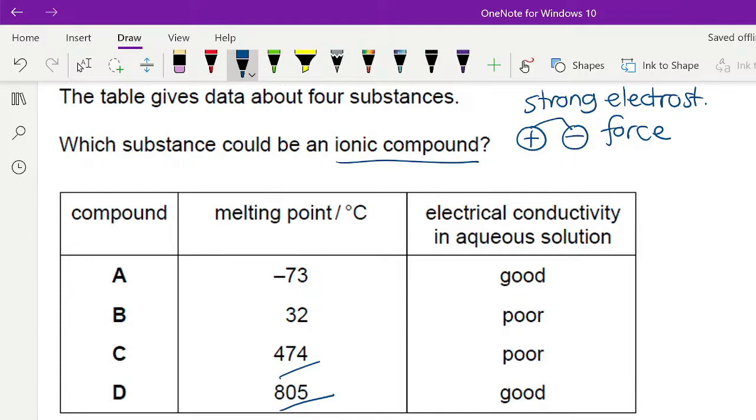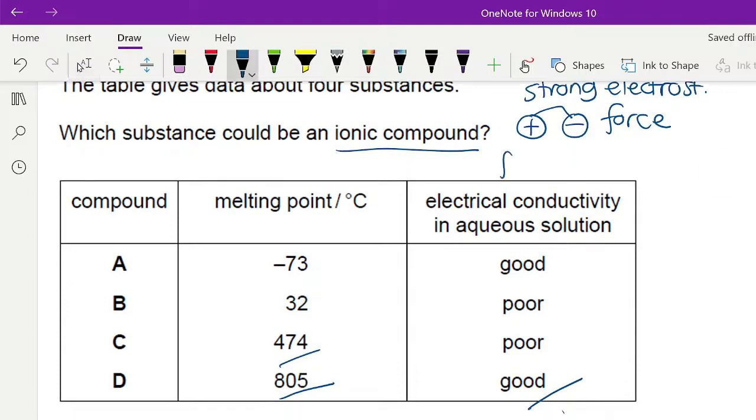Electrical conductivity in aqueous solution is good, because when the salt or the ionic compound is dissolved in water, you get free moving ions. If you get either free moving ions or free moving electrons, you get electrical conductivity, either one of those two. In this case, it's an ionic compound, so free moving ions. So the answer is D.